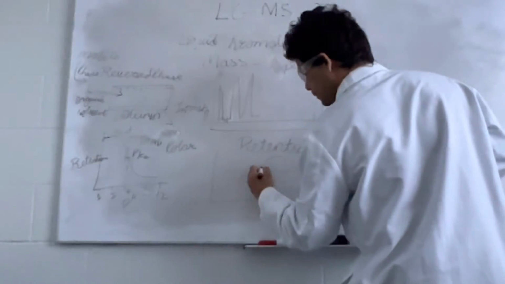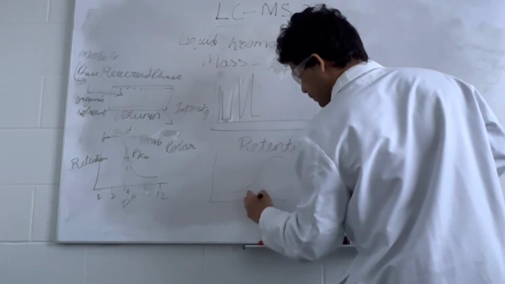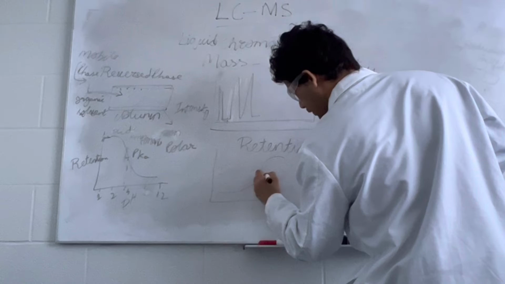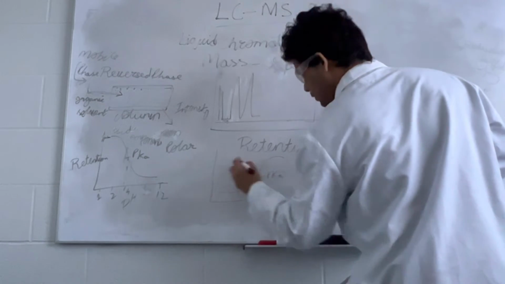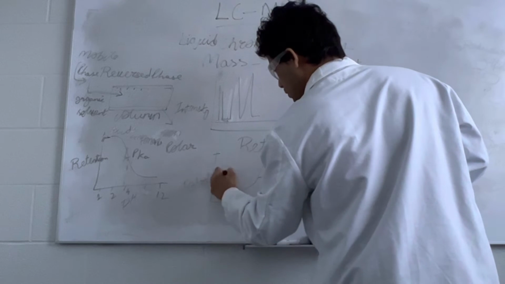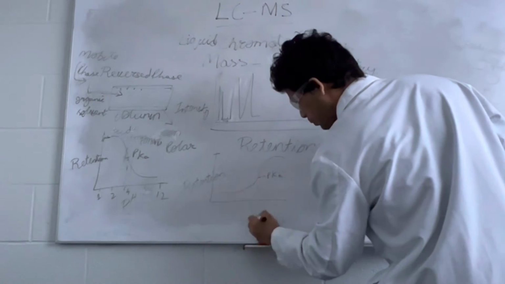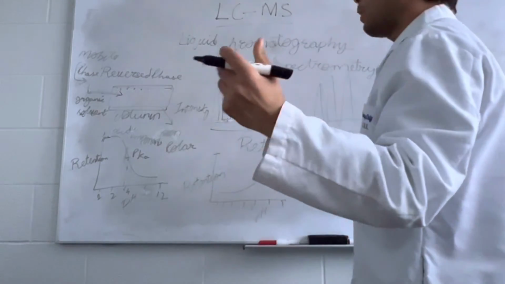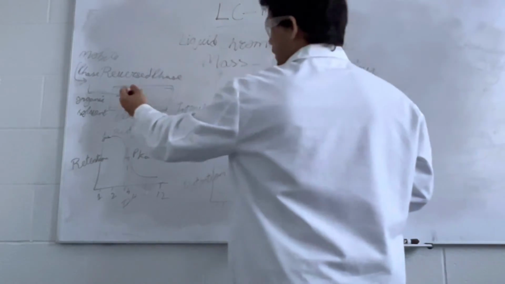That is, this is the pKa value, the retention time, and this is the pH. When the compounds are in non-polar form, they will stick to the column.